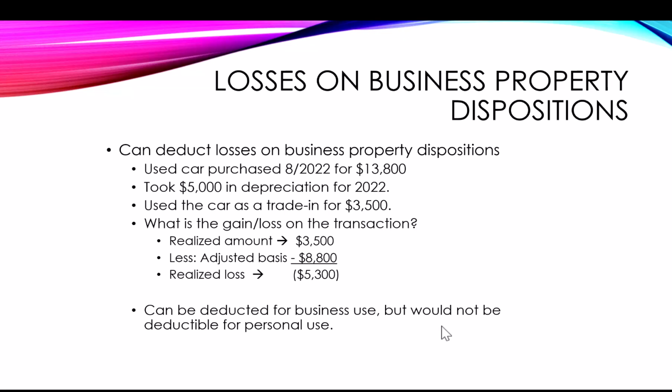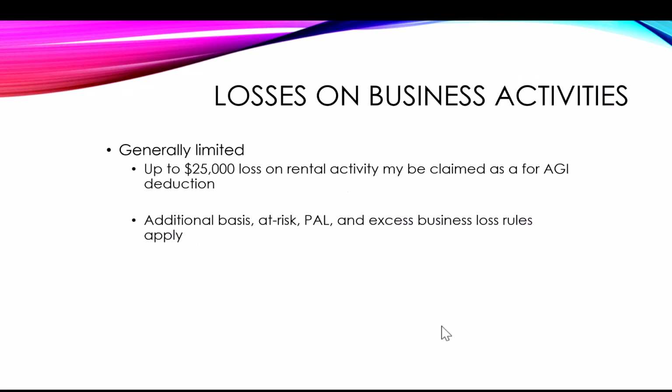While businesses can generally deduct losses on business property and losses incurred in operating the business, you should know that there are several important limitations on the losses that can be recognized. First, with respect to rental activity, this is again considered to be, by definition, a passive activity, and the tax code limits the loss that can be recognized on rental activity at $25,000 per year.